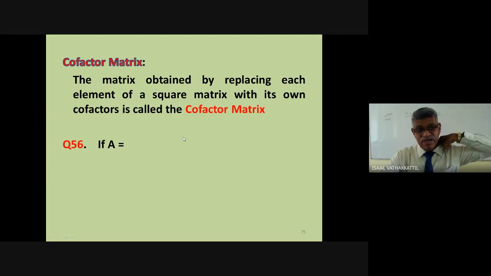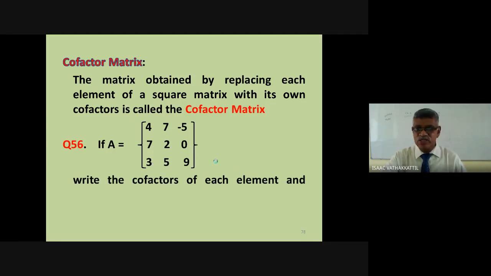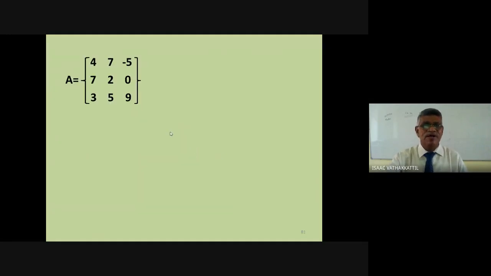We'll take an example. A is equal to the matrix 4, 7, minus 5; 7, 2, 0; 3, 5, 9. Find the cofactors, write the cofactors of each element, and hence write the cofactor matrix. I'm sure if I ask you, you will find it's not difficult here. We pick up the cofactors of each element. A11, that is the cofactor of 4.